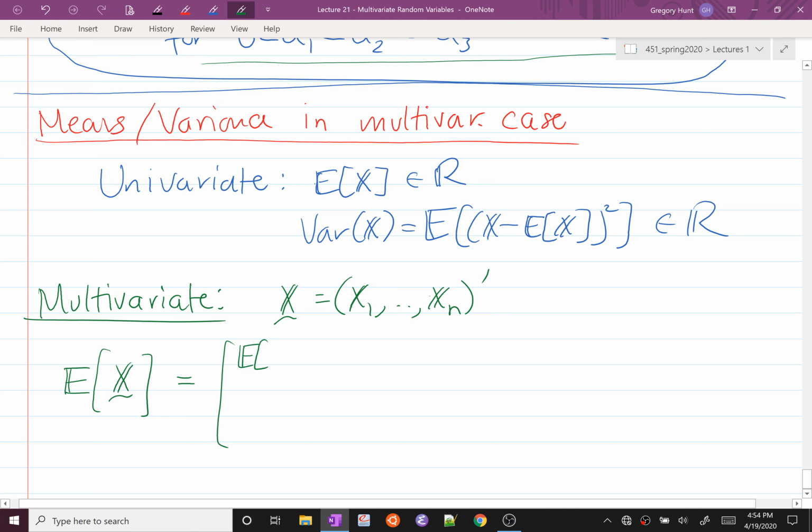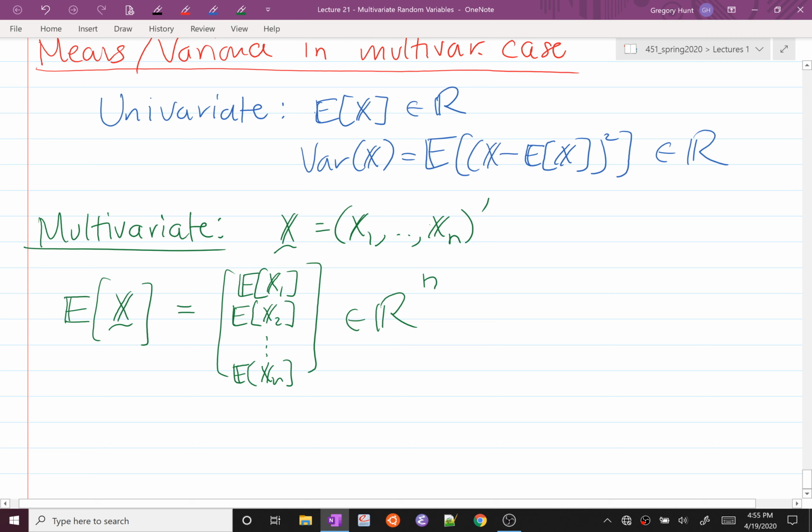It's just the vector of expected values of the various marginal random variables: expected value of x1, expected value of x2, and expected value of xn. And so now, instead of being a real number, it's an n-dimensional mean vector. Sometimes people will call this mu. So mu, or the mean, is now a point in n-dimensional space. Similarly, so this is expected value.